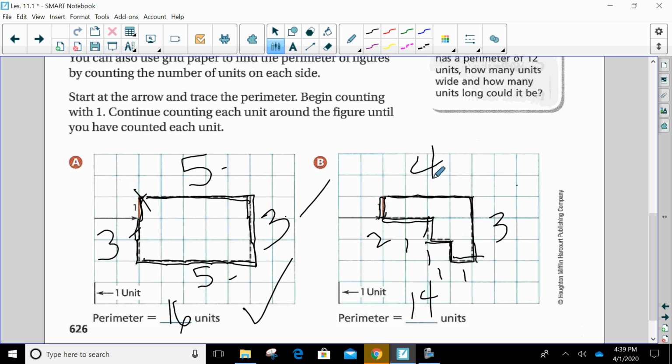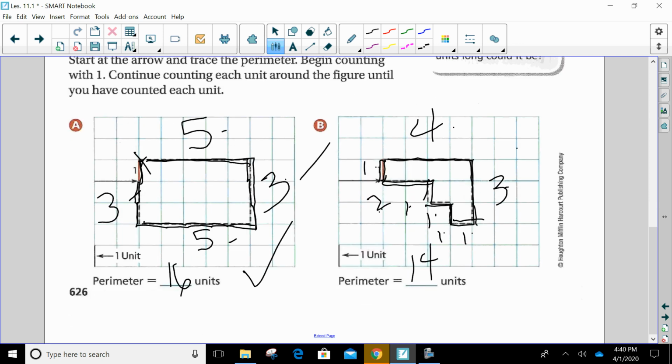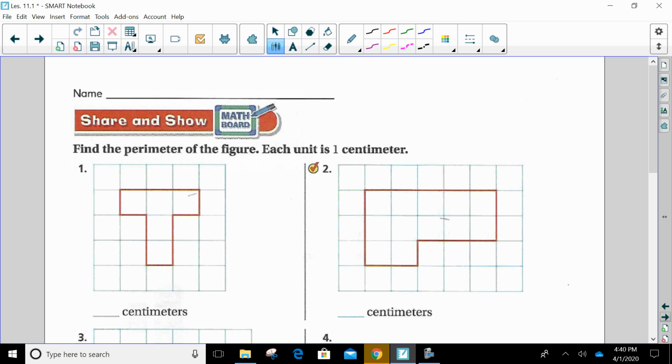And there's a 1. I kind of blocked it out. So let's count this up. 4 plus 3 is 7, 8, 9, 10, 11, 12, 13, 14. Sometimes it's just easier to count. All right, let's go to the next one.